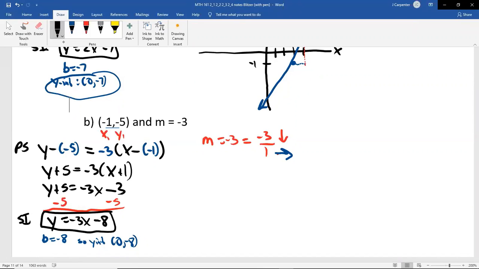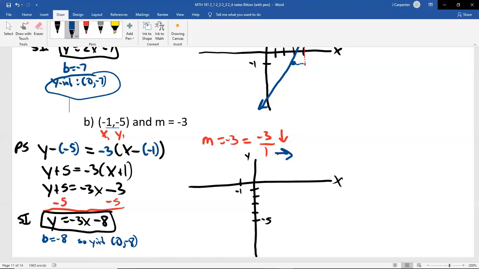So I'm going to plot the -1, -5. I'm going to need more of a bottom-heavy graph this time. So let's do it like this. -1 is left 1, down 1, 2, 3, 4, 5. So -1, -5 is right here. And from that point, we're going to go right 1.